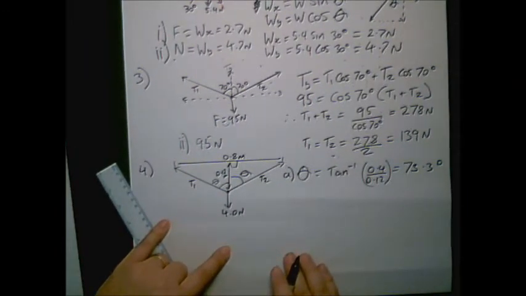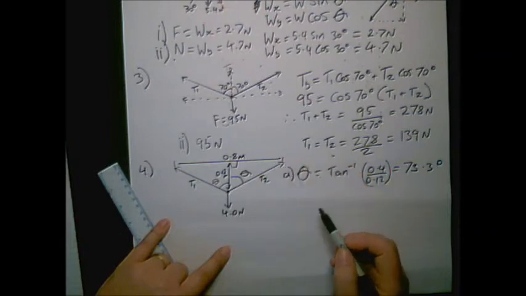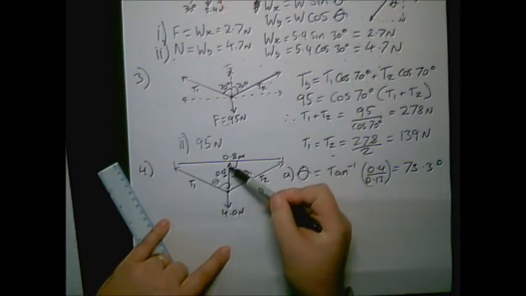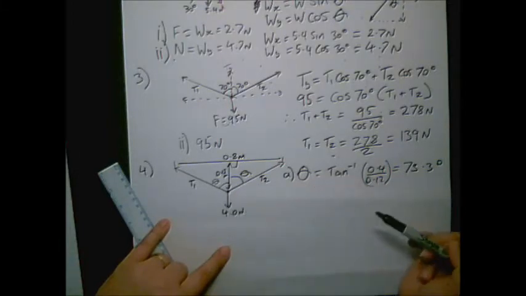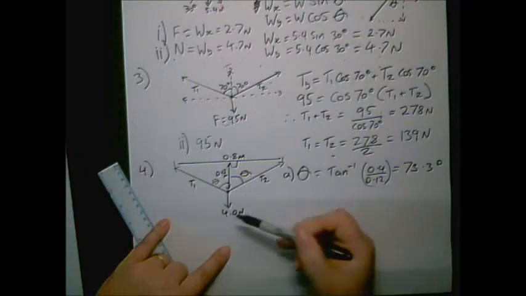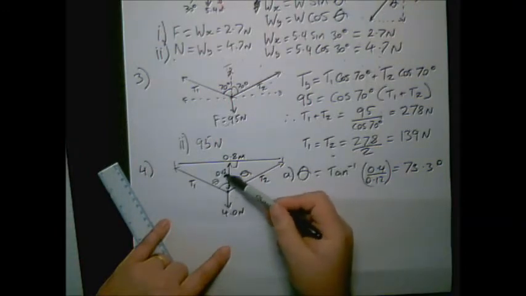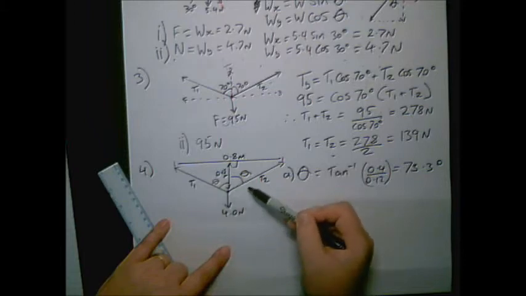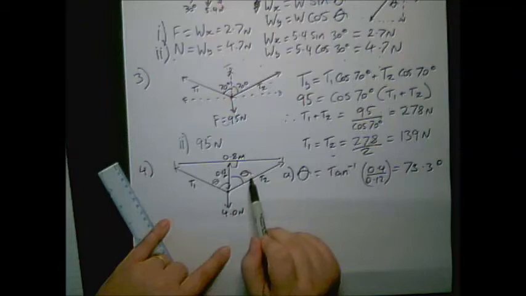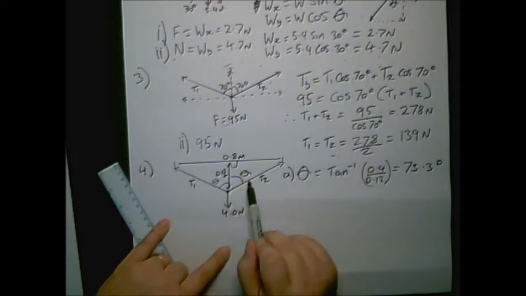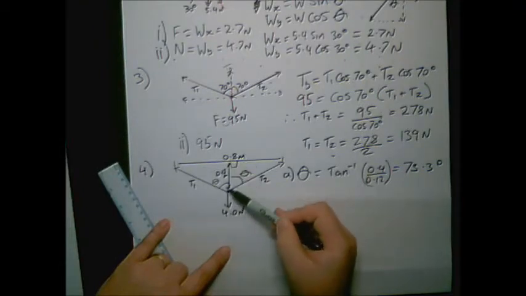For part B, we need to calculate the tension in each part of the string. Well, we can use the same concept that we used before. There will be a vertical component of force that equally and opposite matches this vertical component of force here. Okay? This vertical component of force will come partly from this side and partly from this side, and because it's hung in the midpoint, and again because everything's stretched evenly, we know that they'll actually be equal, but they will add together to give this force.